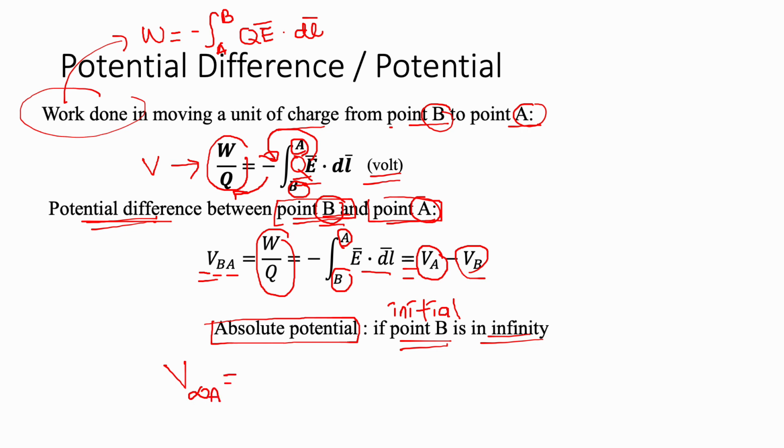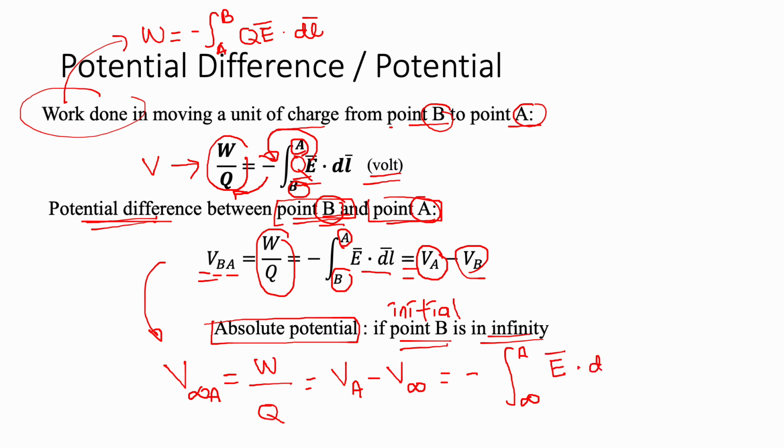Let's use the same equation as the potential difference. It is W over Q, work per unit charge, which equals VA, your final destination, minus your initial position. Now your initial position is infinity, so as an integral it starts at infinity and ends at position A, of E dot dl.